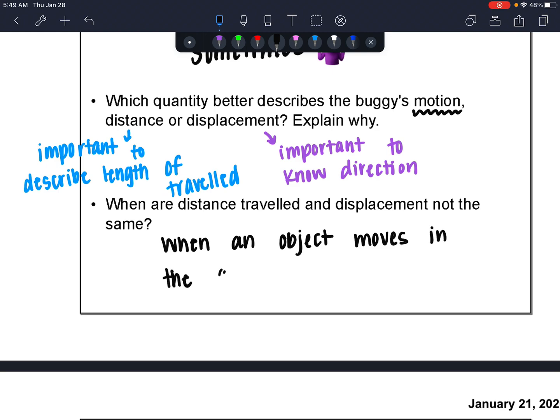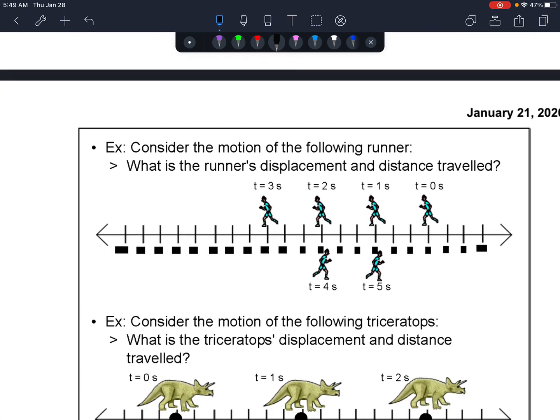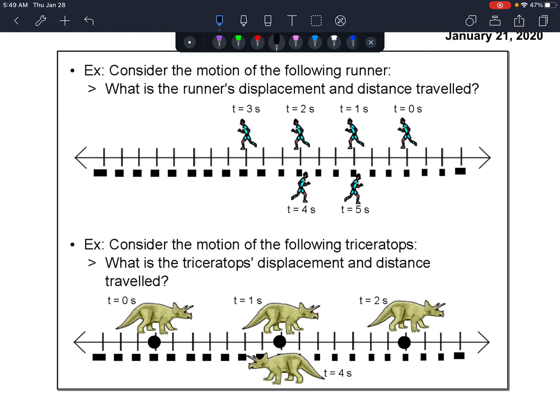And I'll even put backwards in quotations, because backwards could mean they backtracked, or it could just mean that they're going in the negative direction. Backwards is kind of ambiguous, but I think we know what we mean when we're saying backwards. That being said, let's start doing some tries here.